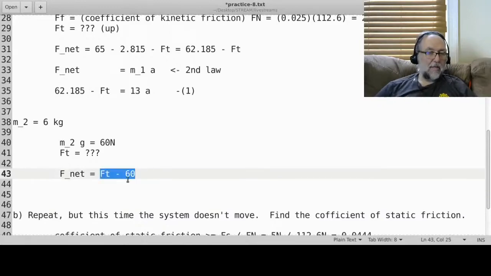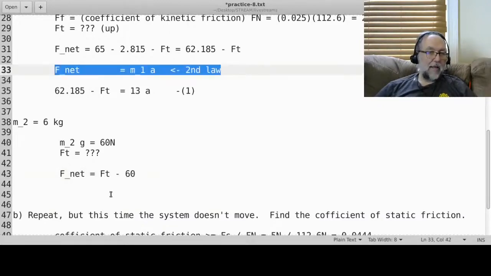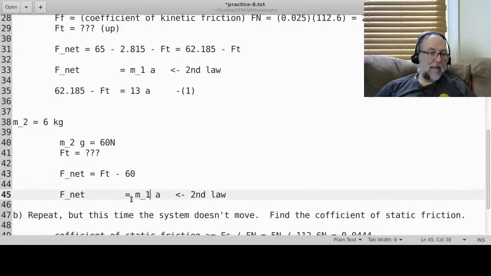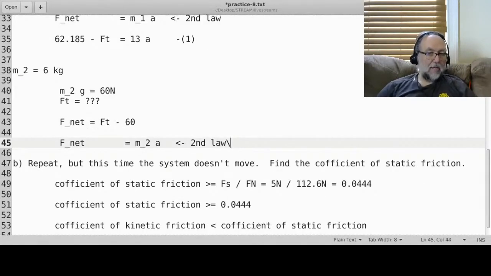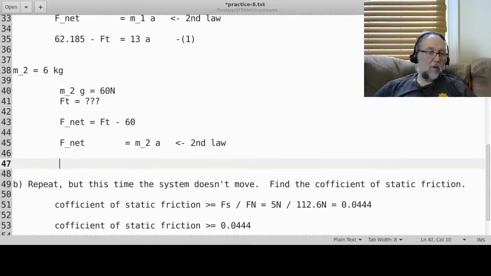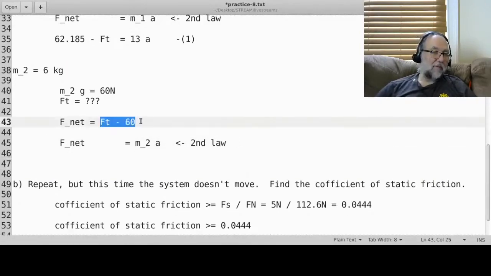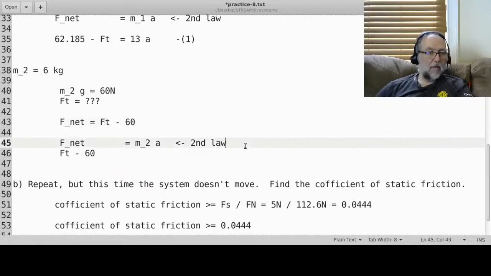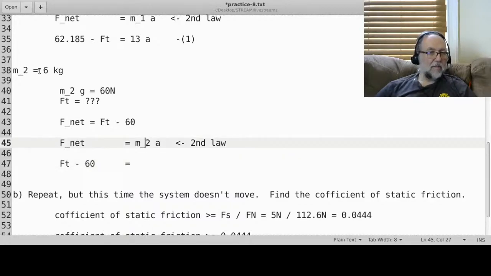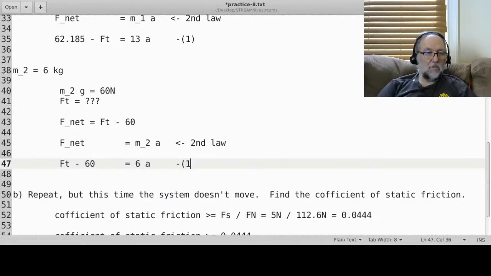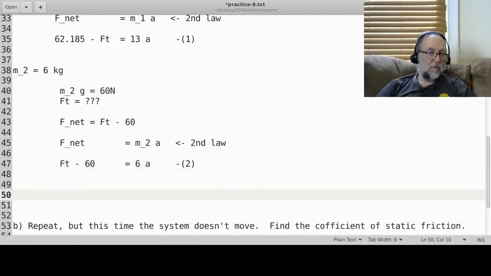Now we have Newton's second law here as well, but it's now m2 because we're talking about the 6 kilogram box. What do I have for F net? I don't have a number, but I've got this expression, and that's going to equal m2, which is 6, and a. That's as far as we can go with those two, and so that's our equation number 2.